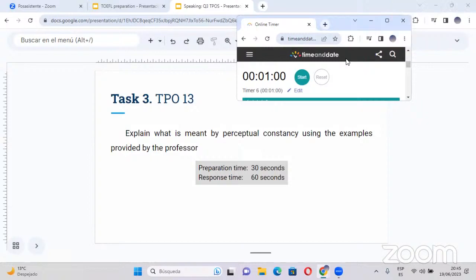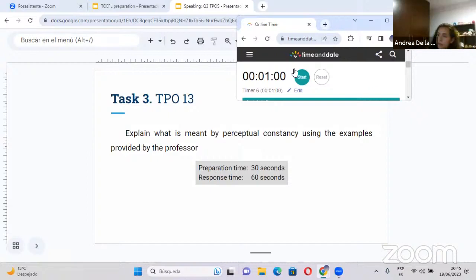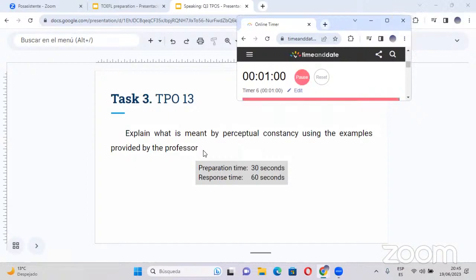Yes. Go ahead, please. Okay, perceptual constancy basically means that no matter if the conditions change or the objects seem different, people have the ability to still recognize them.